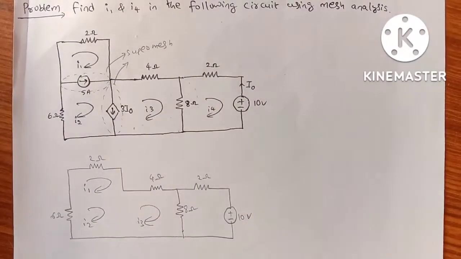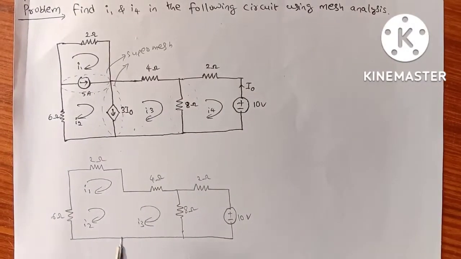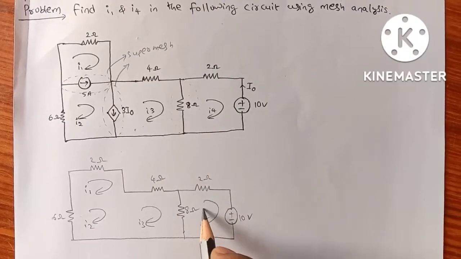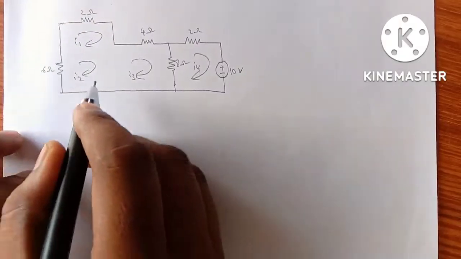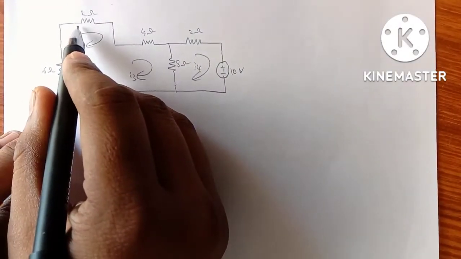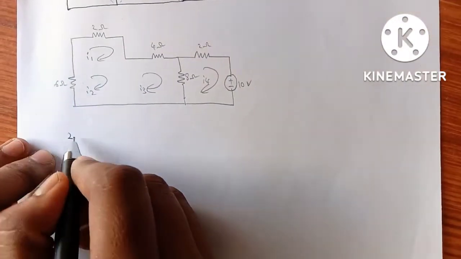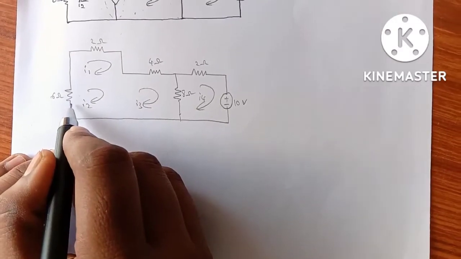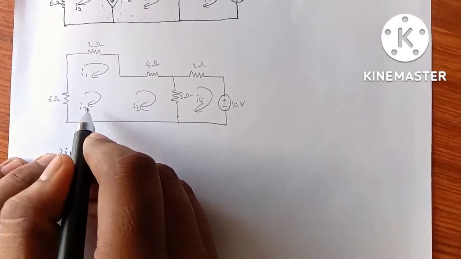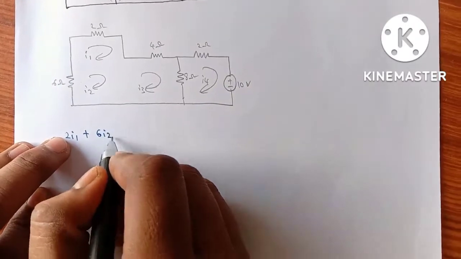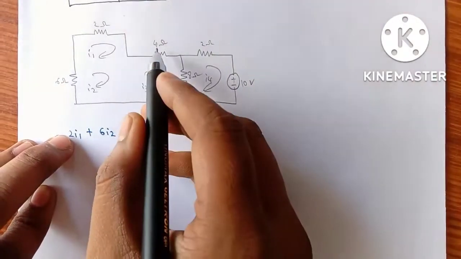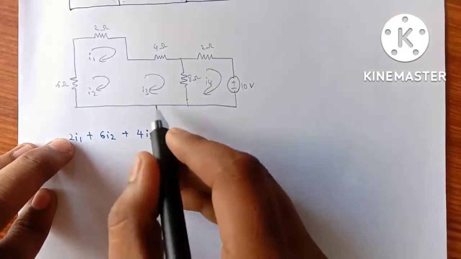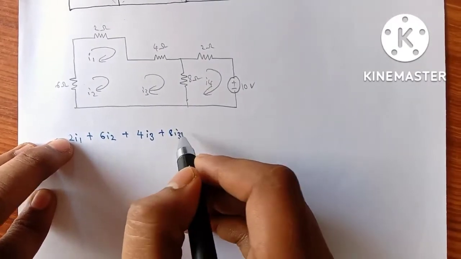Now if we apply KVL on this loop, touching the positive terminal first, we get 2I1, again plus, touching the positive terminal of I2 first, 6I2 plus 4I3 plus 8I3.